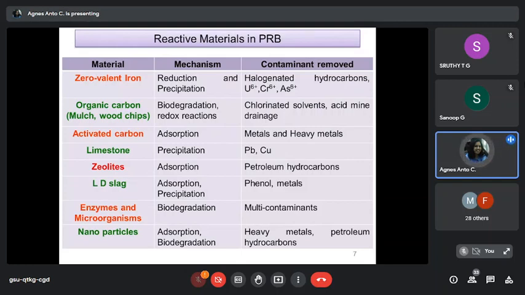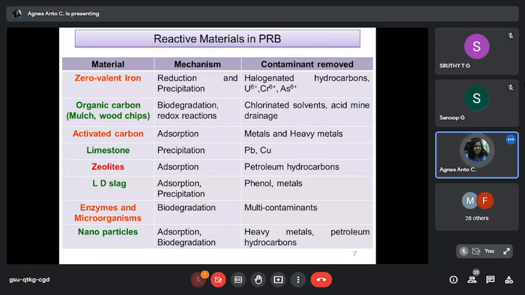Not only these inorganic species, but organic contaminants like halogenated hydrocarbons were also found to be effectively removed when zero-valent iron was used. The basic mechanism involved is reduction and precipitation. As I mentioned, zero-valent iron is an electron donor which facilitates reduction, and once reduction has happened, the reduced metal species get precipitated as hydroxide.